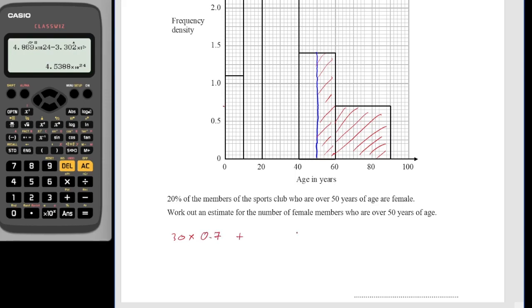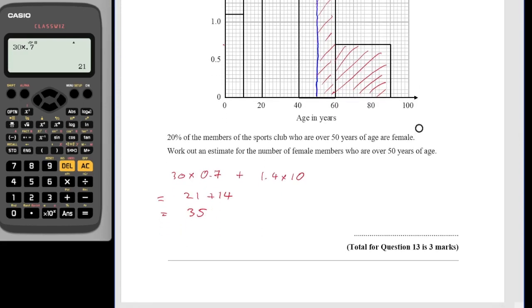And to that I want to add on 1.4 times 10. So let's find that value first of all. 30 times 0.7 is going to be 21, and that's going to be 14. So that gives us a total of 35. So we want 20% of 35.